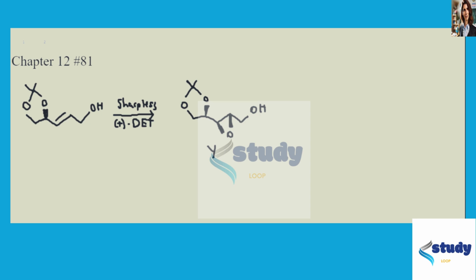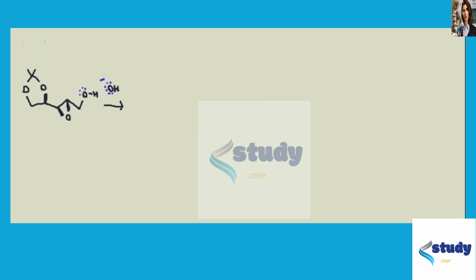We can talk about the first stereogenic center that's going to be in our product here. This bond is going to hold through all the way to our product, and it's going to be wedged in our product just as it is here in Y. The reason for that is we just set that stereocenter by using the Sharpless conditions.